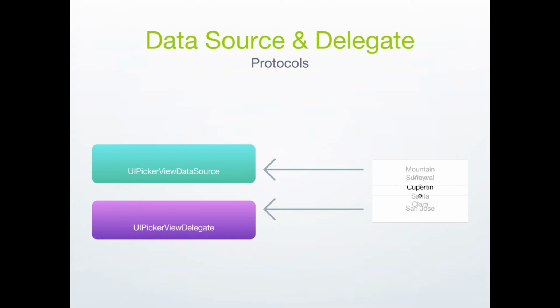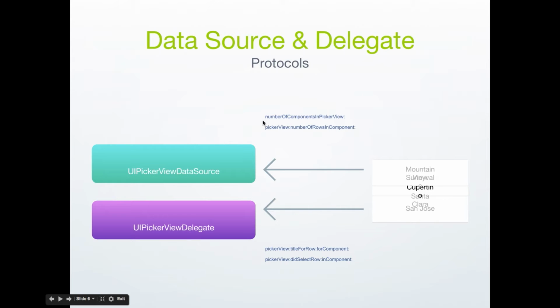So in order to do that, we have to implement what are called protocols. And protocols means that any class can take on the role of a delegate, or can be a data source, but it has to implement the methods that the picker view in this case needs. And so in order to be a data source, it has to implement number of components in picker view and picker view number of rows in component.